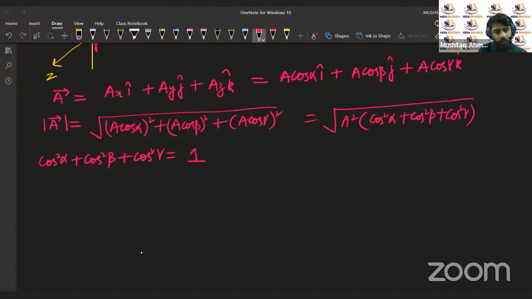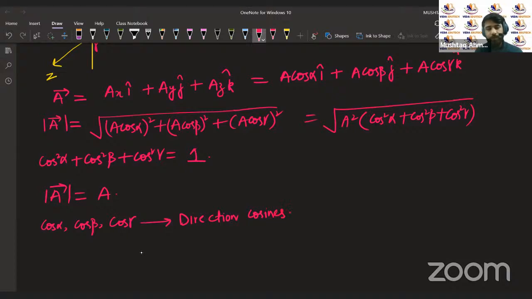So from here we get modulus of A, that's the magnitude of vector A. These cos alpha, cos beta, and cos gamma are called direction cosines.